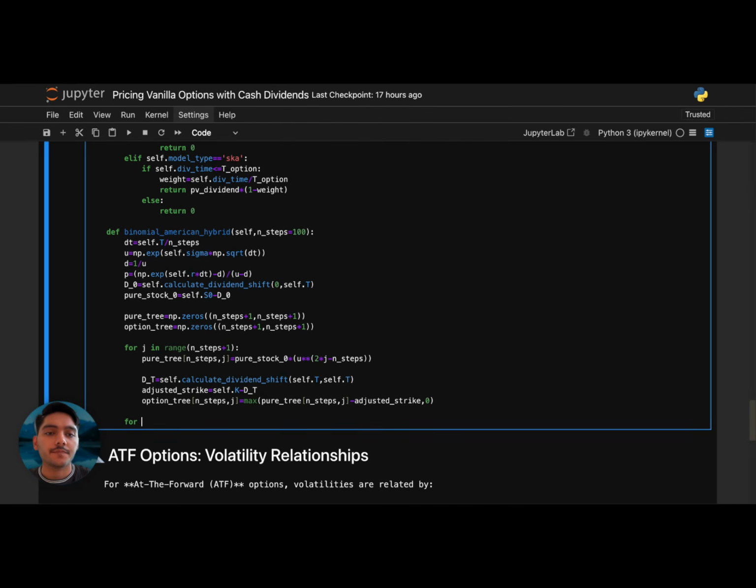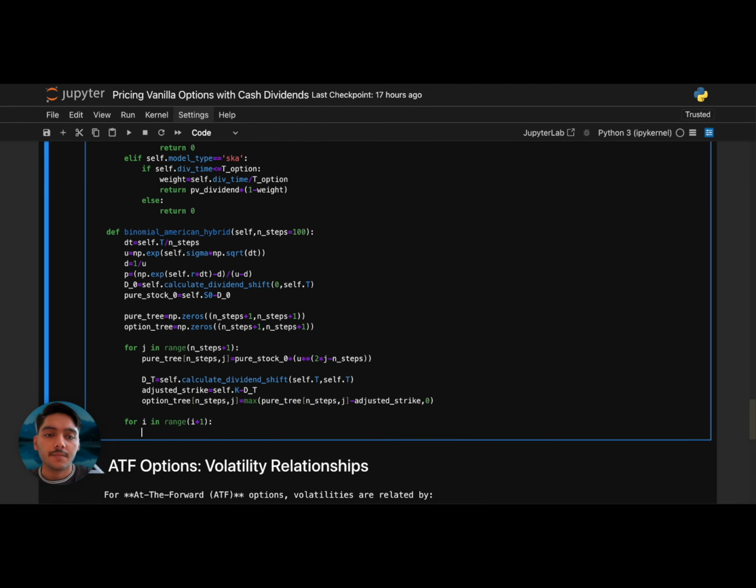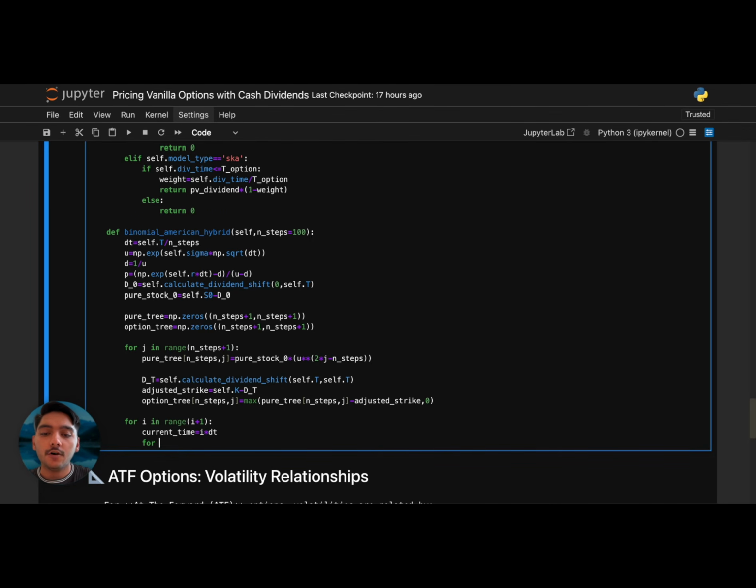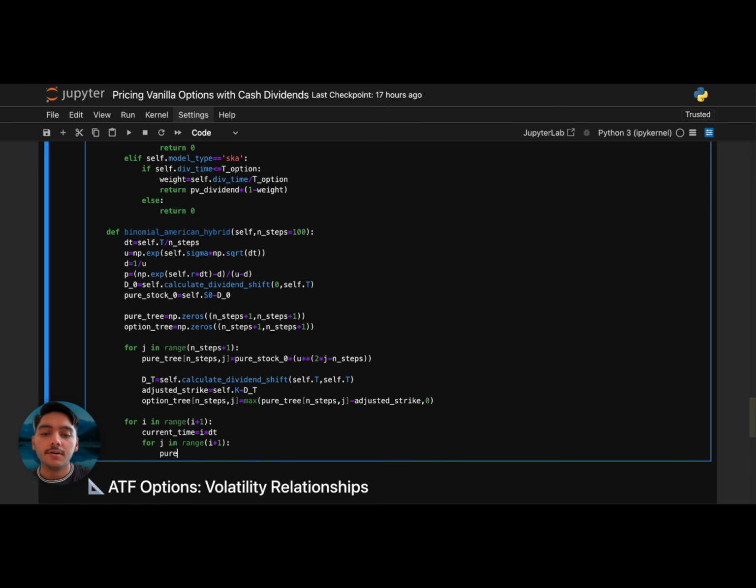So for i in range i plus 1, we define current time will be equal to i into dt, and for j in range i plus 1, pure tree i, j will be equal to pure stock 0 into u to the power 2 into j minus i. There's an error, 2 into j minus i.